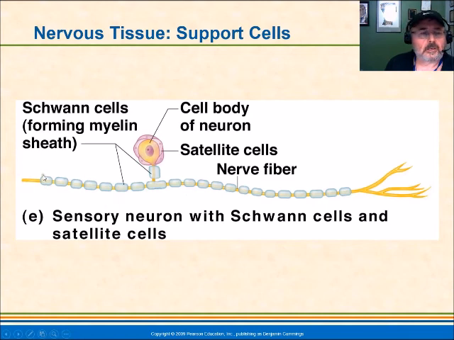On the other hand, cells that don't have myelin send signals at about 2 meters per second. So you can see there's about a 100-fold difference in the rate that signals are sent. Cells that don't have myelin are going to be in tissues that really don't have to send signals quickly.